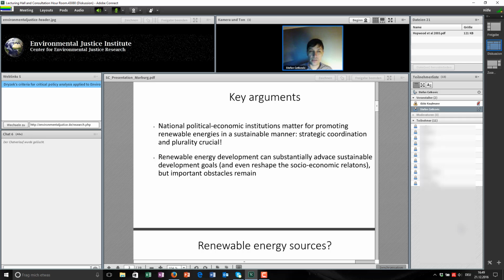And the second factor is something which the Varieties of Capitalism literature calls strategic coordination. And strategic coordination essentially means coordination between government actors, so decision makers, and non-state actors who are important for achieving certain goals, such as industry, finance, society, research institutes, academia.